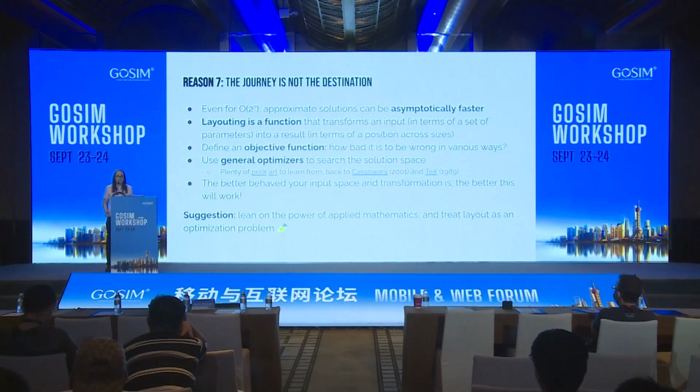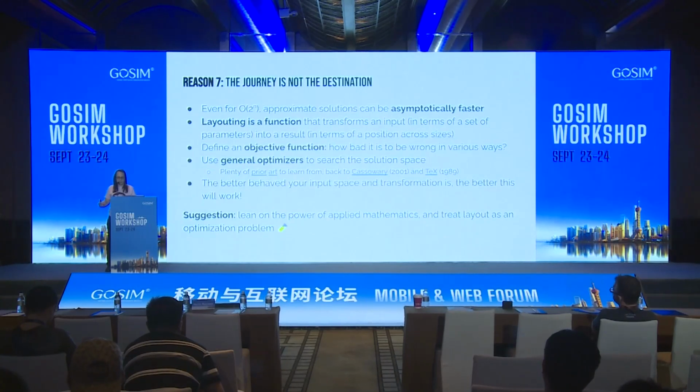And if we're rounding the final result in the end anyways, I think that there should be genuine effort exploring approximate algorithms for layout driven by mathematical optimization, or even driven by machine learning and gradient descent or neural nets. Because, again, layouting is just a function that transforms an input into a result. We know how to work with these.